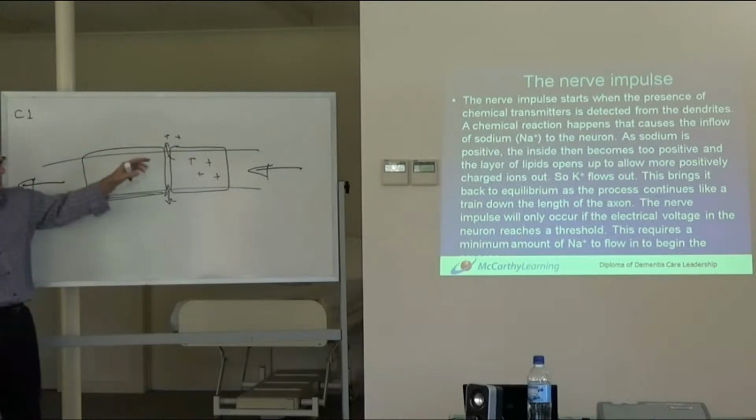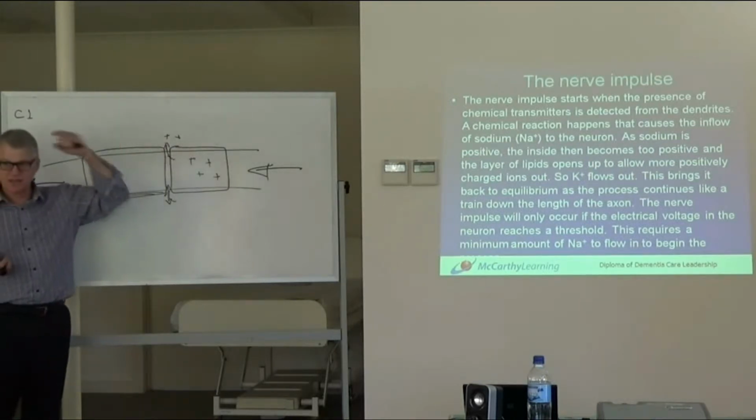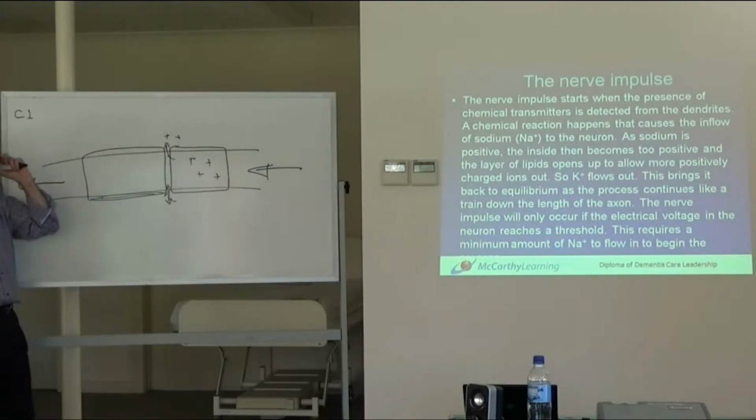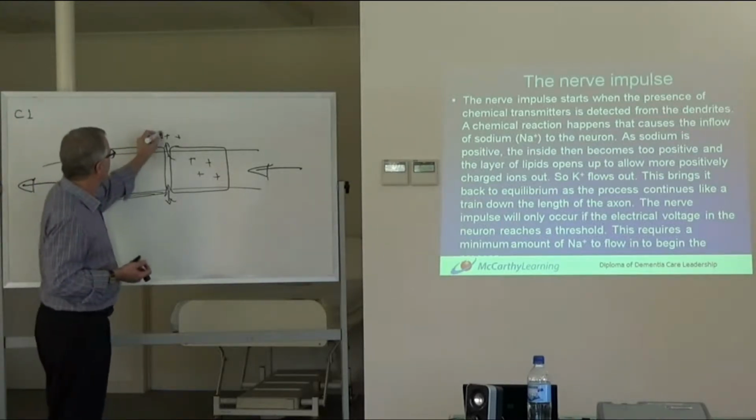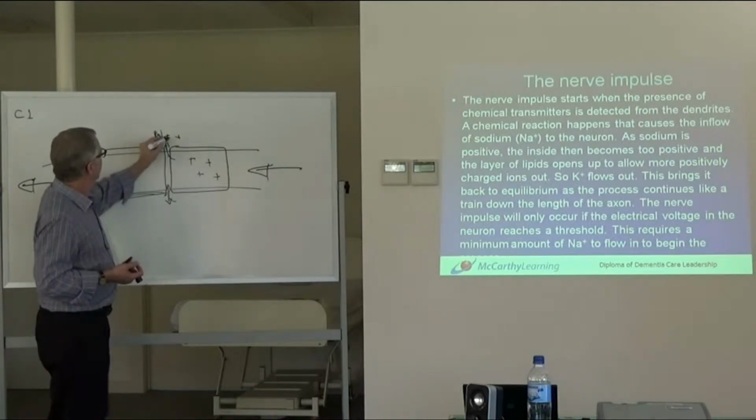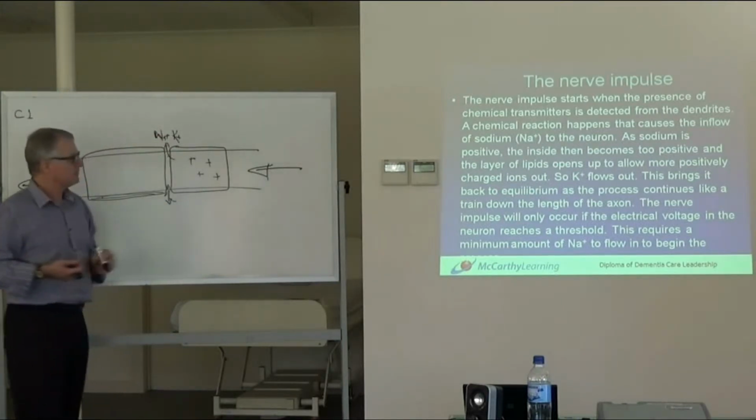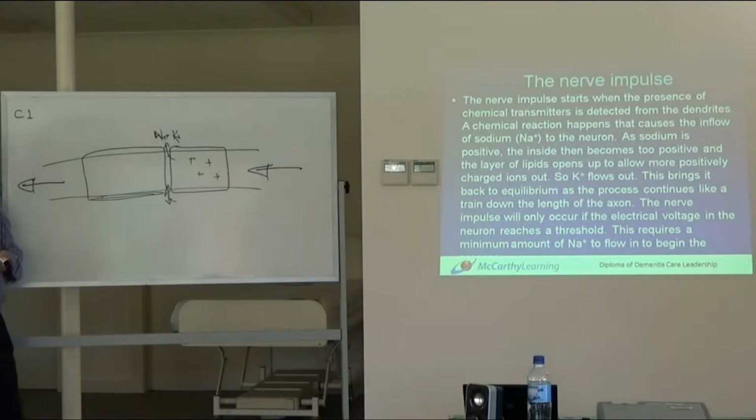So we've got sodium, Na+, and potassium, K+. So K+ flows out as well as sodium. We've got Na flowing out and K flowing out. This brings it back to equilibrium, so the process continues like a train down the length of the axon.